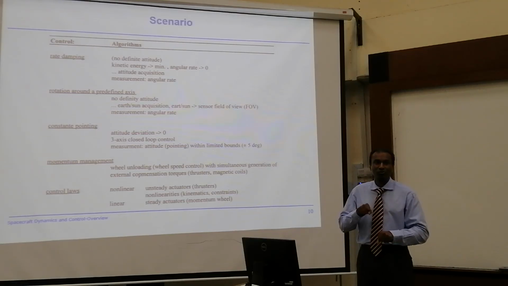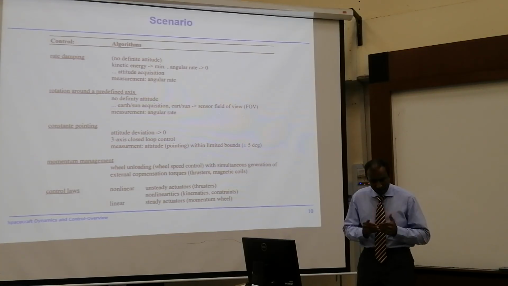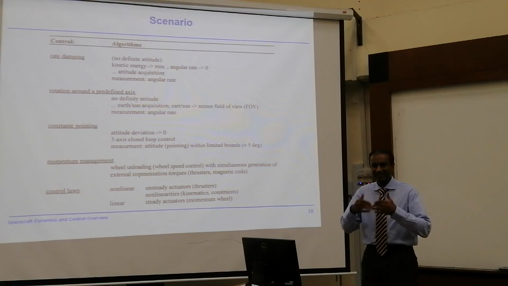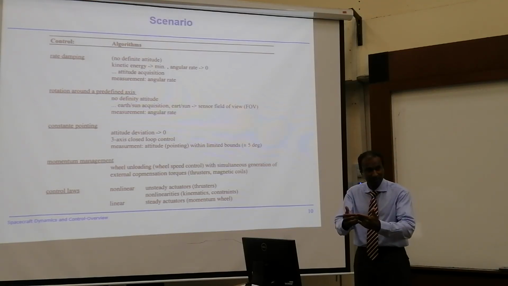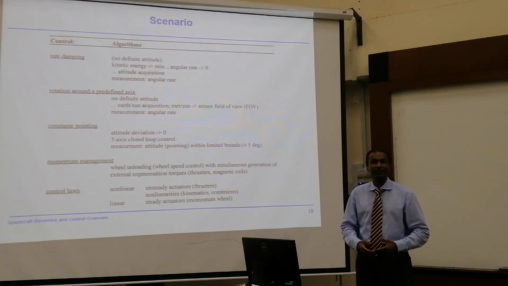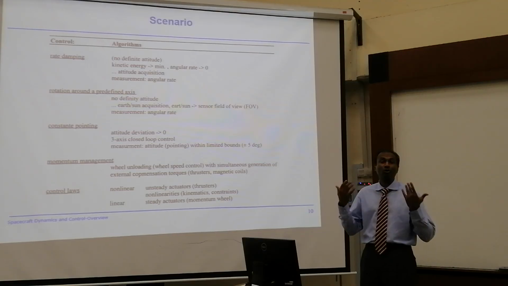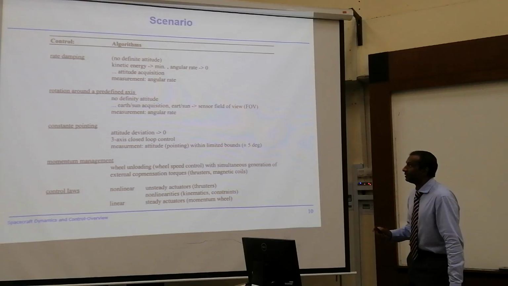How to generate this torque? This torque can be generated if your speed increases from one to another. So there is a change of angular velocity, and change of angular velocity will give change of torque. So rate damping is needed.